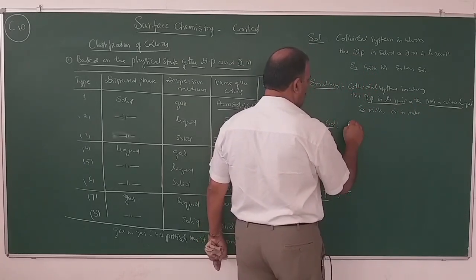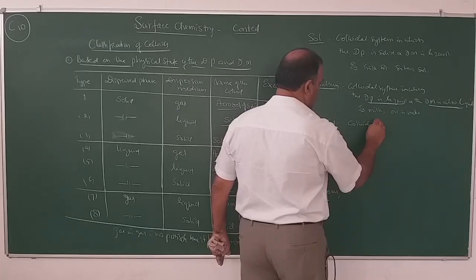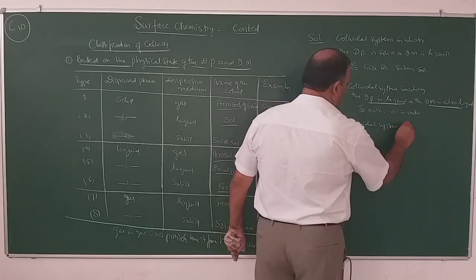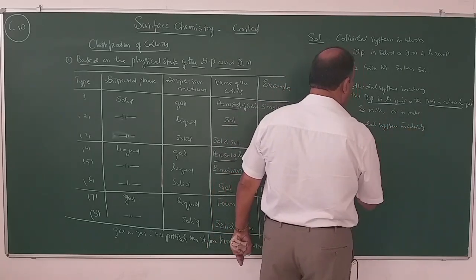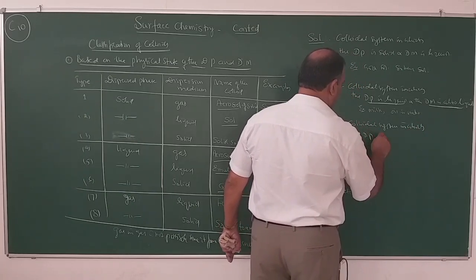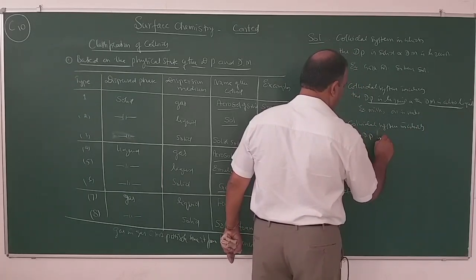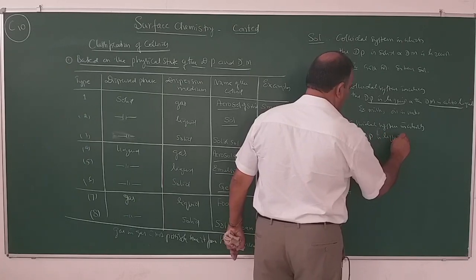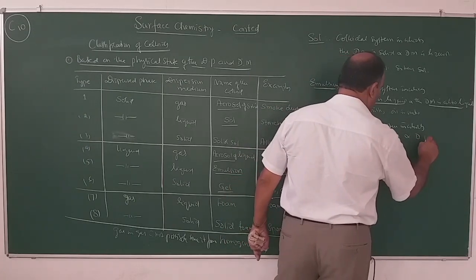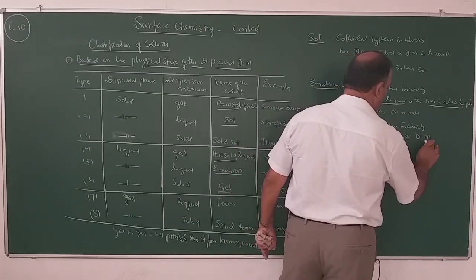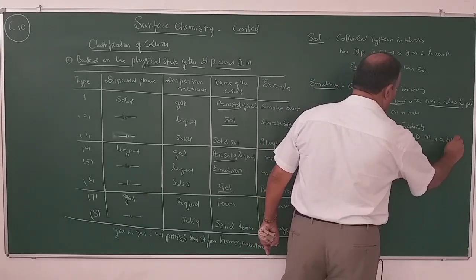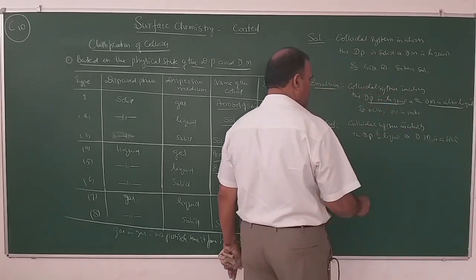Gel is also a colloidal system in which the dispersed phase is liquid, and the dispersion medium is a solid.